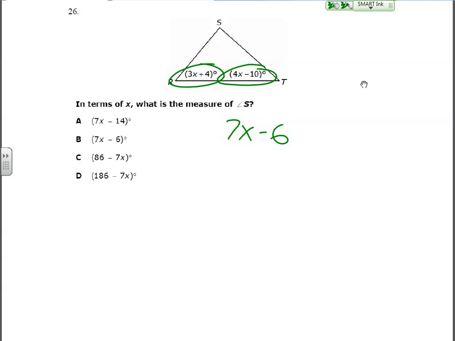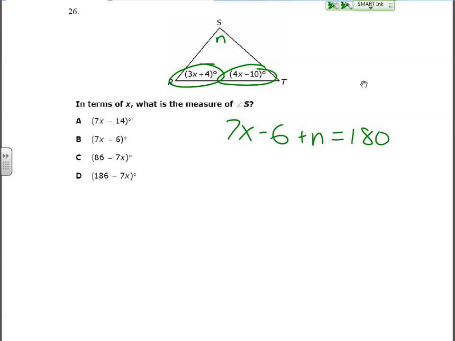Okay, so let's label this angle N here, just because my S's look like 5s. What we know is that 7x minus 6, which is the sum of angles R and T, plus that third angle N equals 180, right? The three angles of the triangle have to be 180. So we have the sum of the first two represented as 7x minus 6, plus that third one equals 180.